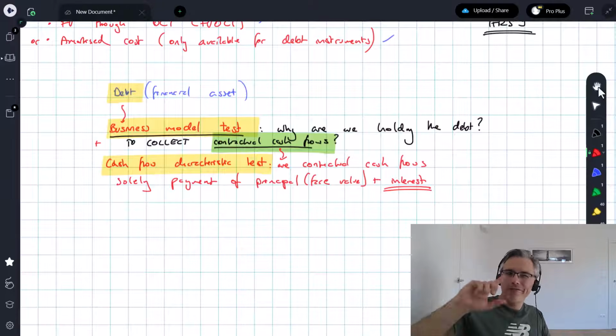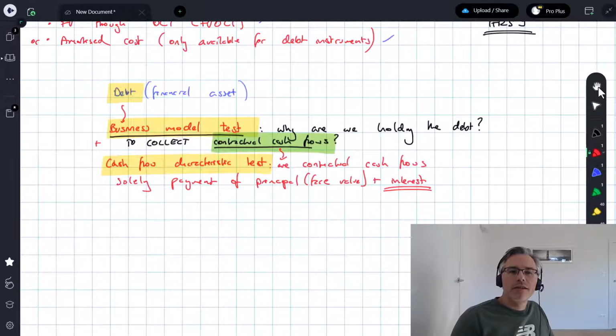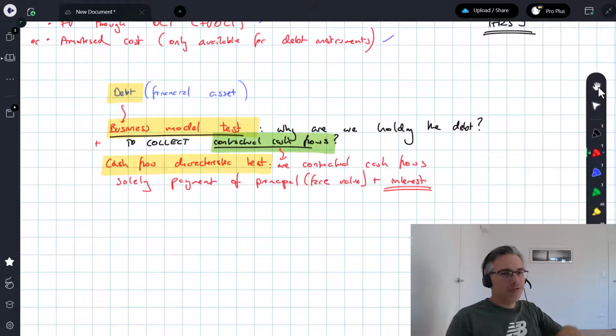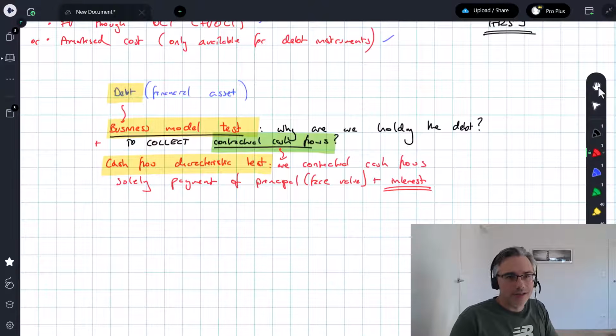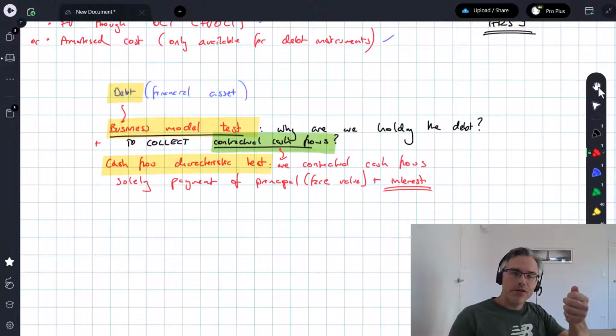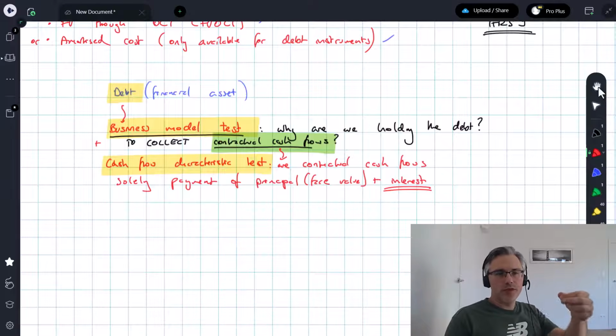But you can have quirky, exotic bonds, like inverse floaters. So bonds that pay you a floating rate of interest, and a floating rate of interest is absolutely fine, it's interest, but what if it's inverse? If the interest rate in the market is high, that bond pays you a lower coupon. If the interest rate in the market is low, it pays you a higher coupon.